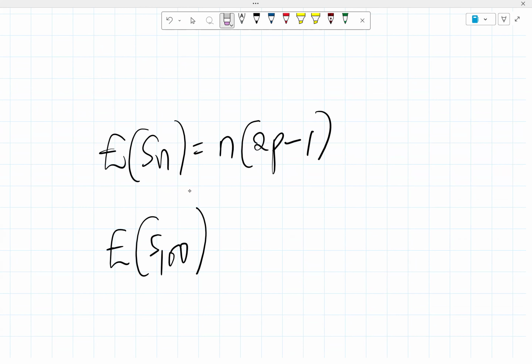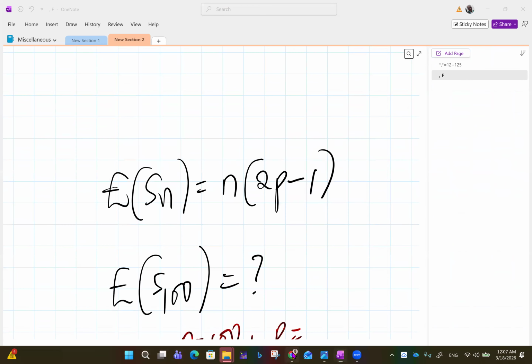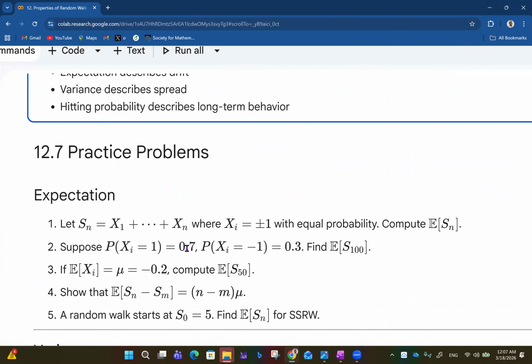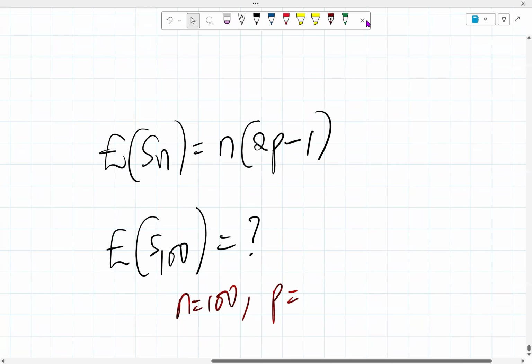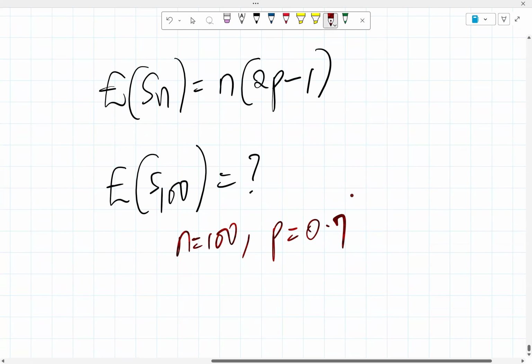And p in this case is 0.7 here. With this, we have everything we need.